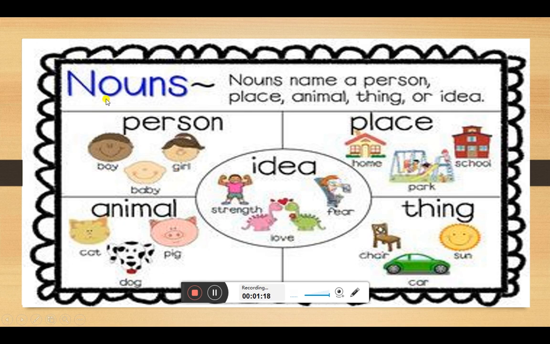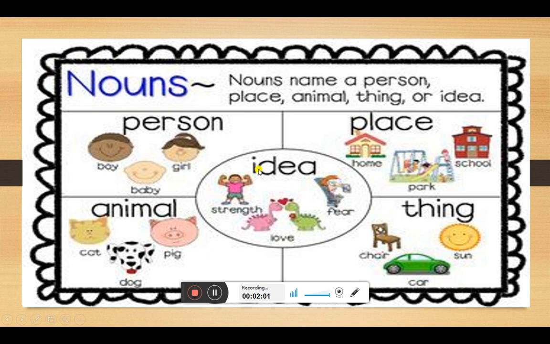A noun can be a name of an animal, like cat, dog, pig, or it can be a name of a thing, like a chair, car, sun, or a name of a place, like home, park, school, or an idea, like strength, fear, love.